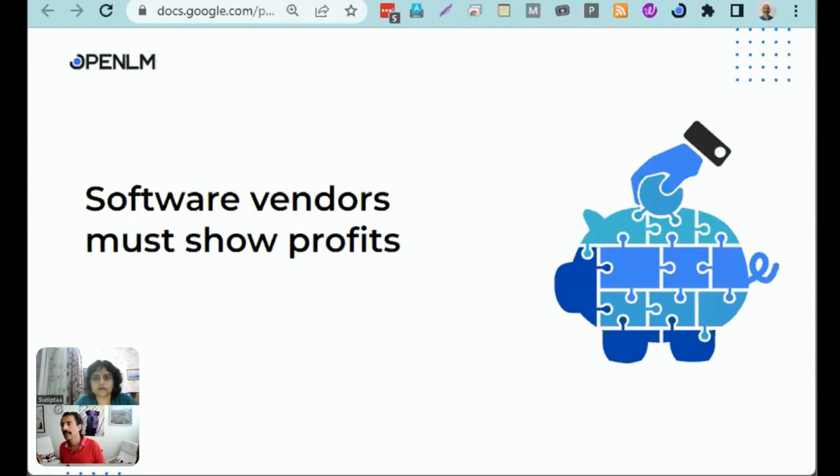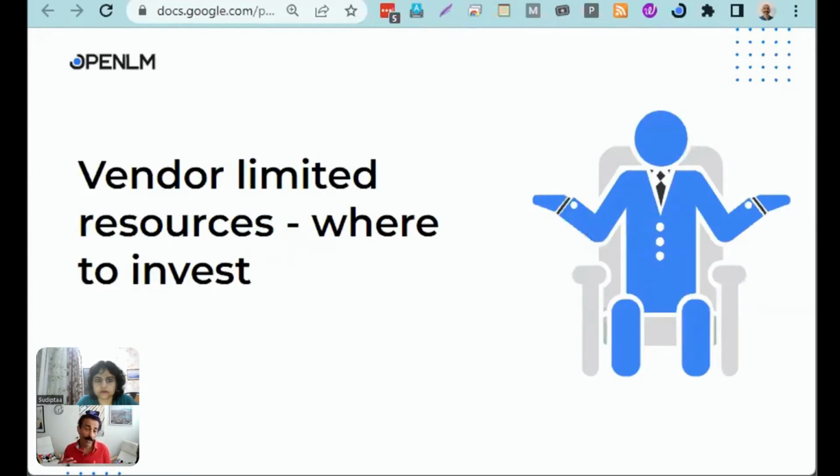The costs are increasing, and especially the people costs. We need to invest a lot in being compliant, being secure. So these are the biggest expenses, and that's why you see how vendors are changing the licensing model, increasing pricing, trying to get more profit from the same customer.